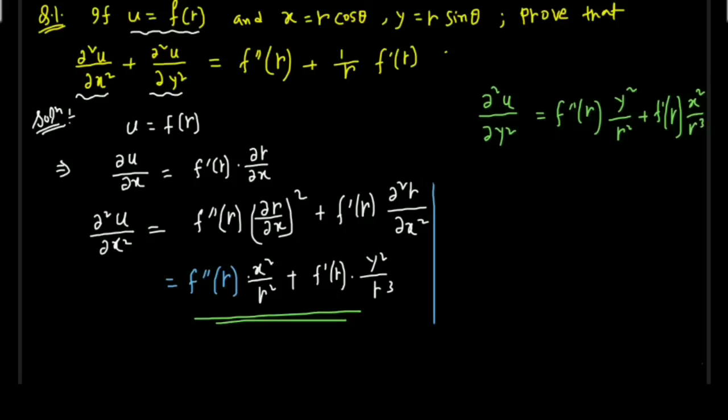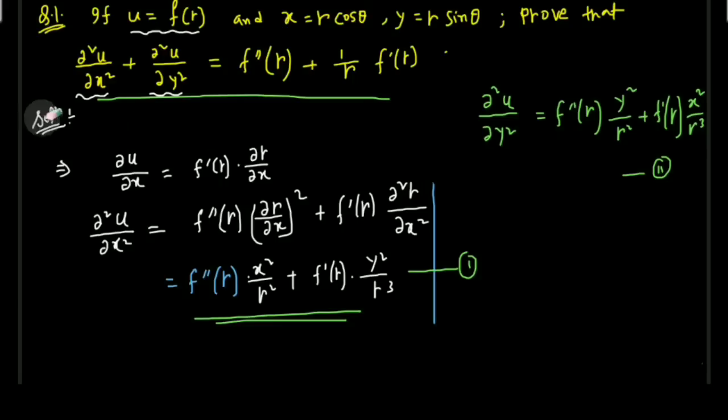So now if we take this as equation 1 and this as equation 2, then you can add these two equations and you will end up with this result. So let me add these two equations.